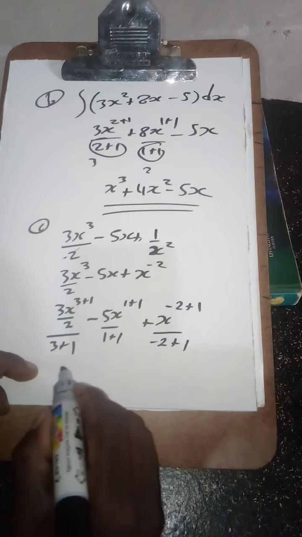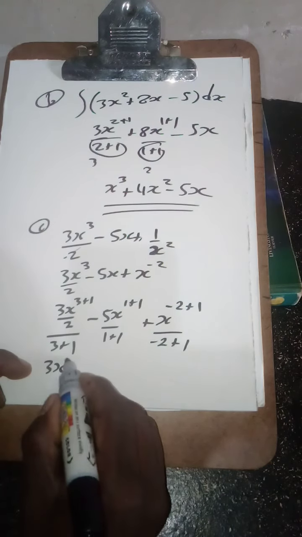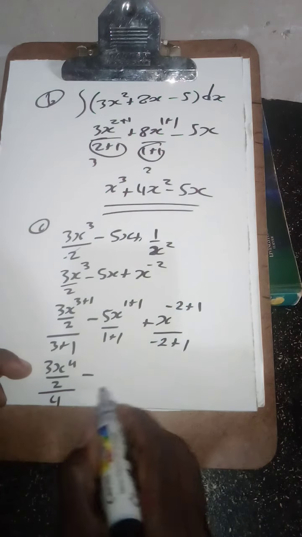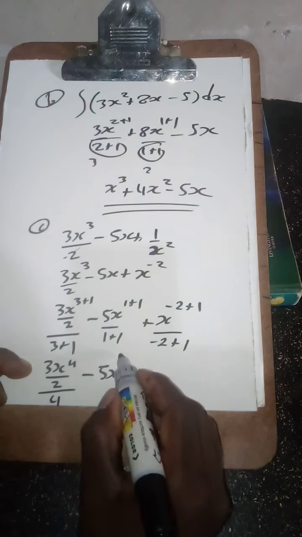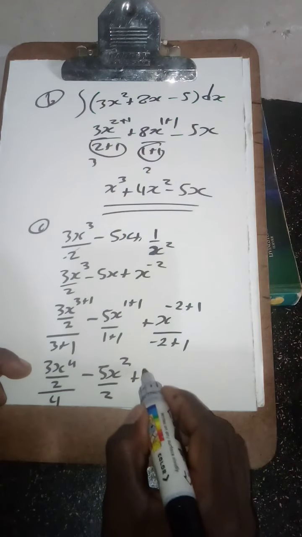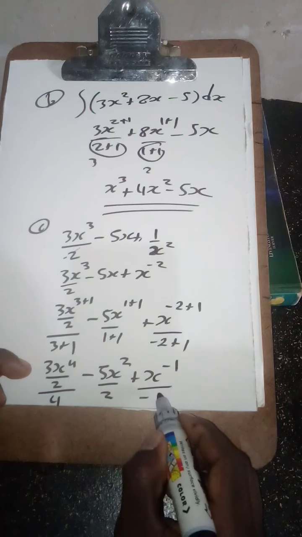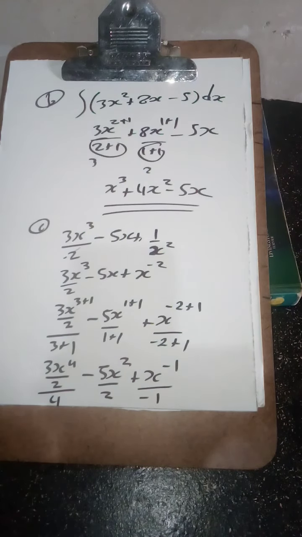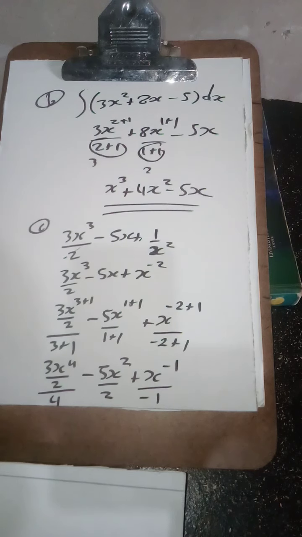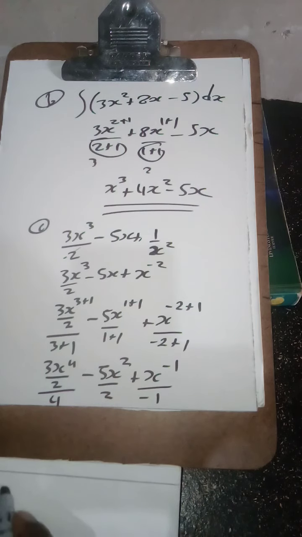This is going to give us something like 3x to the power 4 divided by 2 divided by 4, minus 5x to the power 2 divided by 2, plus x to the power negative 1 divided by negative 1. That's what we have right there.